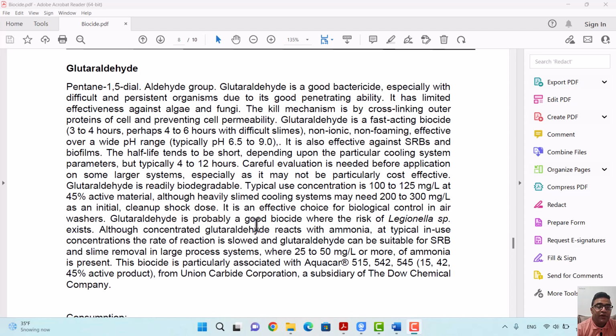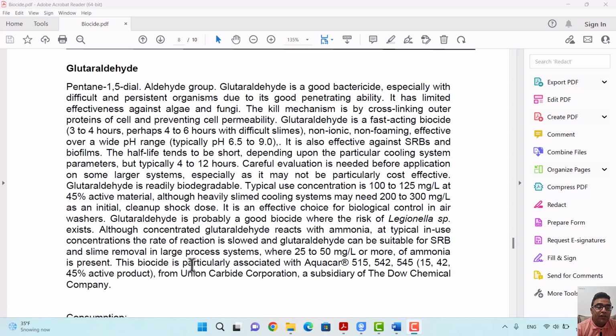Although concentrated glutaraldehyde reacts with ammonia, at typical in-use concentration the rate of reaction is slowed, and glutaraldehyde can be suitable for SRB and slime removal in large process systems, where 25 to 50 ppm or more of ammonia is present.